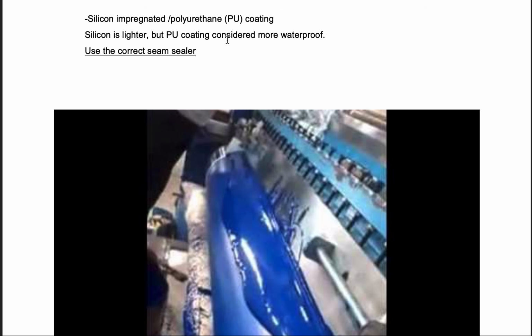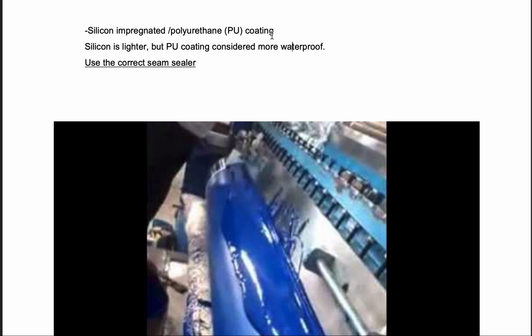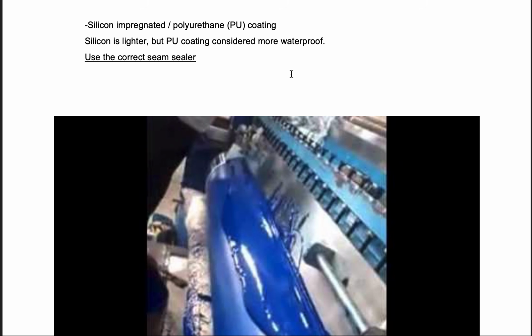If you get a polyurethane coated fabric, make sure you get a seam sealer that will work with polyurethane. If you don't know, do some further research, or just reach out to the vendor who's selling you the fabric or the seam sealer, and make sure you're getting the right stuff.